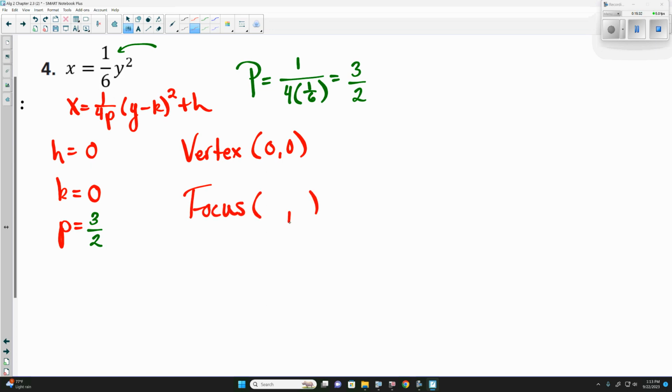Now our focus for this one here, x equals, is h plus p comma k. Well, the k value is 0. Now we need to calculate h plus p, which would be 0 plus 3/2. So the focus is the point 3/2 comma 0.